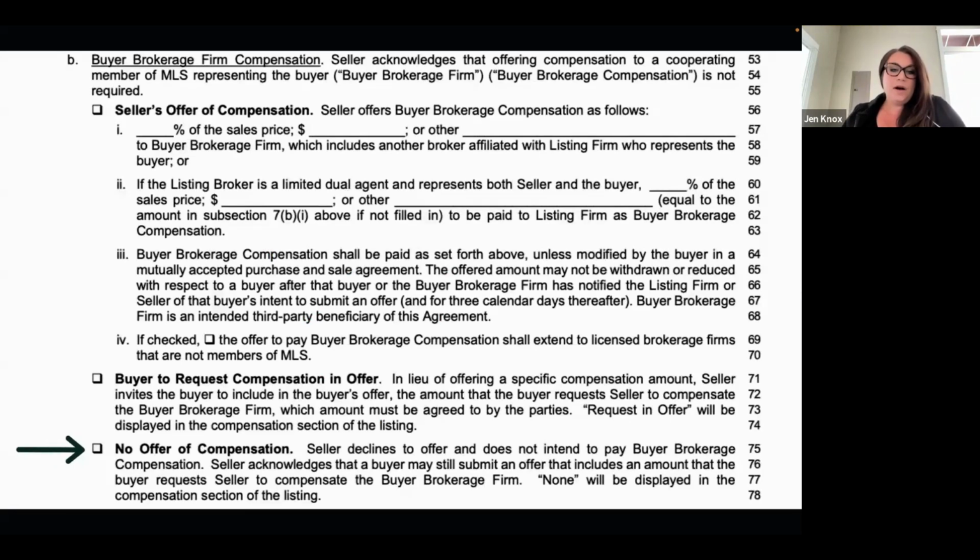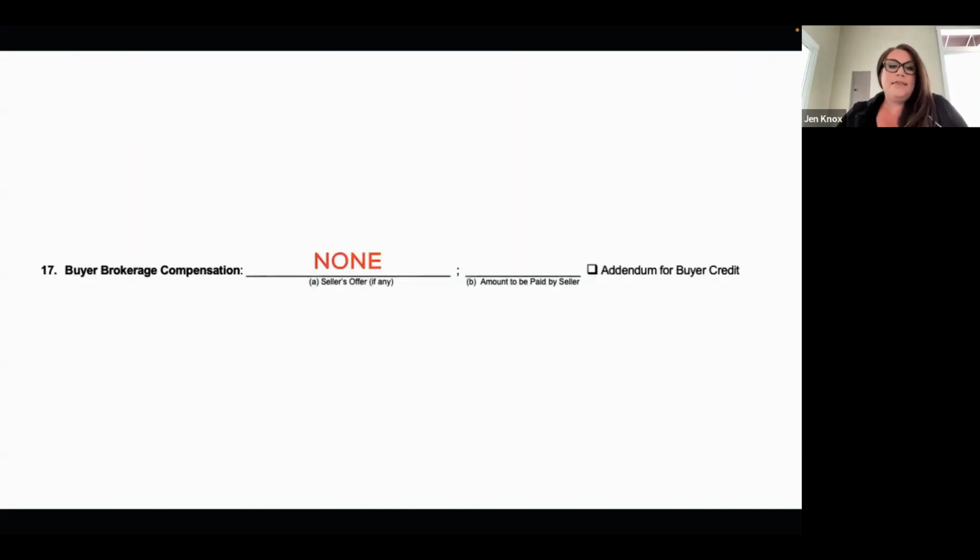And if there is no offer of compensation, the word none will be displayed in the listing on the Northwest MLS. Thus, any offer that's written up on this needs to have the word none when it comes to the seller's current offer. Now, we do get to negotiate this.